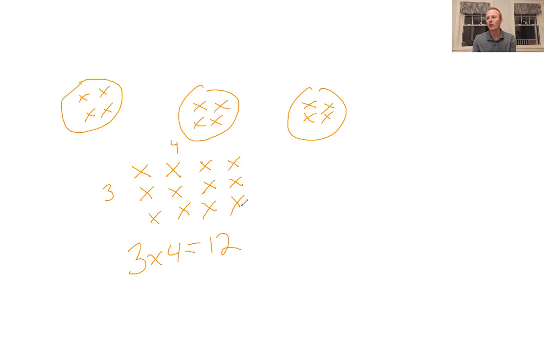Either of those are fine. Or, over time, we're going to learn these multiplication facts, and you'll eventually just know that 3 times 4 is 12. So the key here is that we know we have to have the same number of things in each group, and we multiply that by the number of groups we have. And our 2 things here, our 3 and our 4, are our factors.